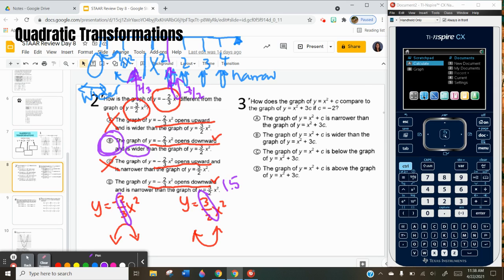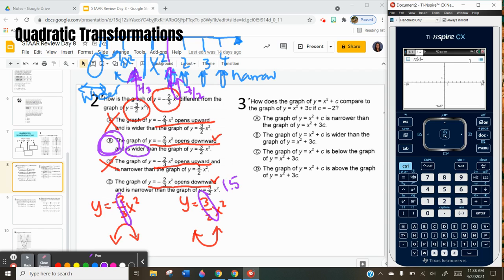Now, again, if I couldn't tell which graph would be wider, I would definitely go open up a graph and type in my equation. I would type it in without the negative sign because I know that the negative already opens it upside down. What I'm trying to check is what happens to the 2/3 x squared versus the 3/2 x squared.